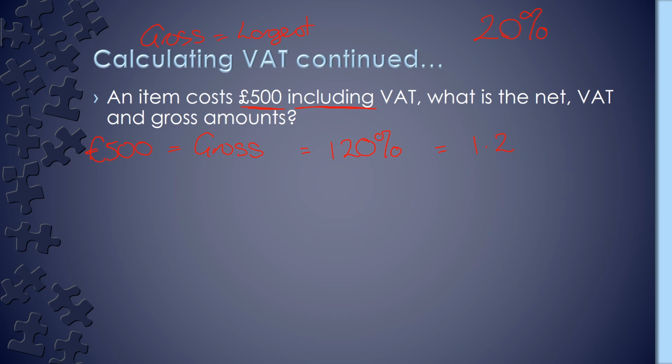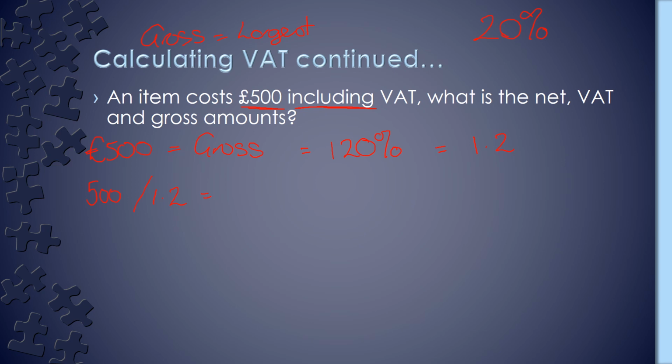In order to work out the net, we take our gross amount, £500. If we were adding VAT on, we would be multiplying by 1.2. But this time we want to take it out, so we want to see what our net amount is before VAT. So we do 500 divided by 1.2.